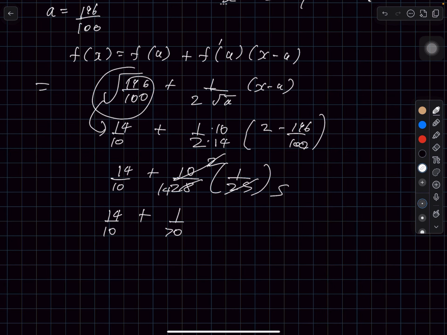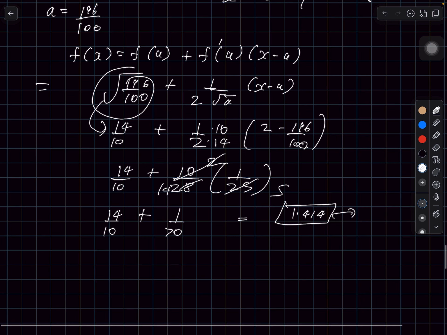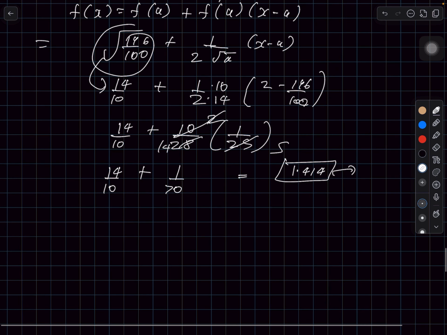If we calculate this, 1 divided by 70 plus 1.4, we'll get 1.414, and it's pretty accurate to root 2, very close. I mean these 4 decimal points or 3 decimal points, it's right. So yeah, that's how you do it, and you can do some more practice questions.